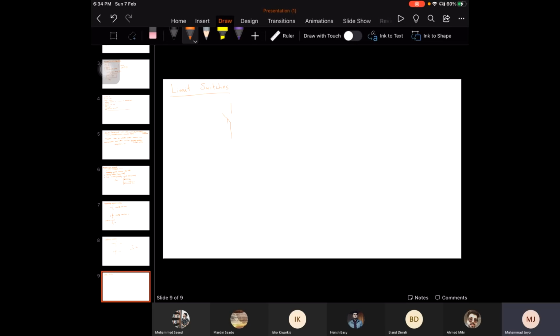So this is basically a normally open limit switch, and if you want to use a normally closed contact in the circuitry, then this will be the representation.